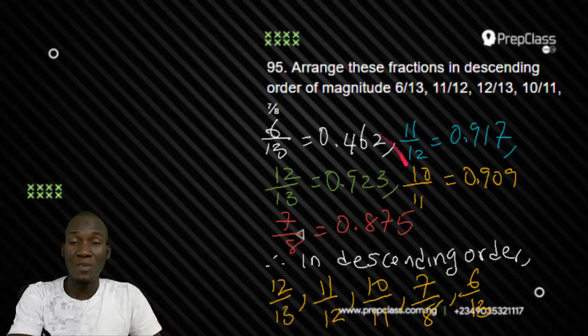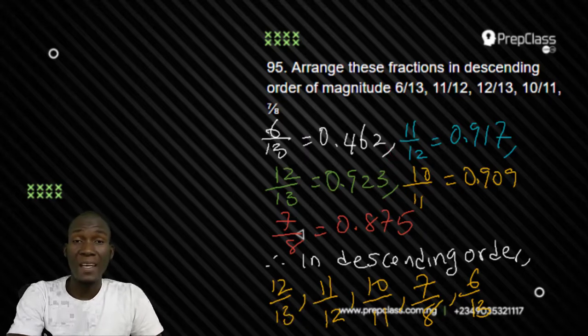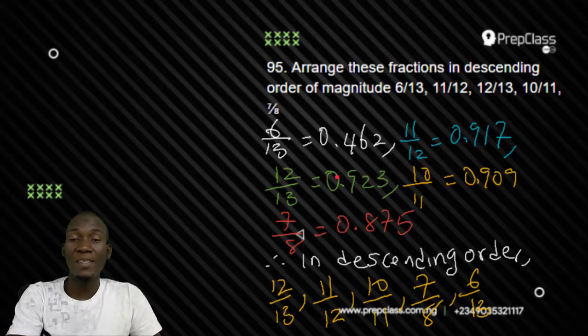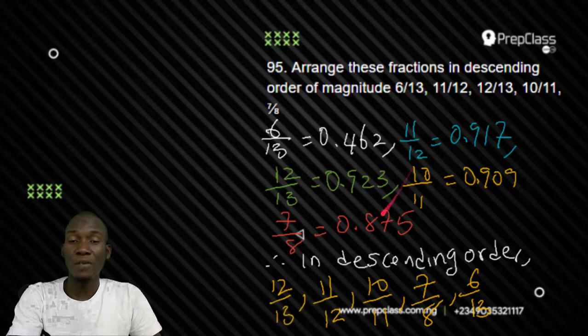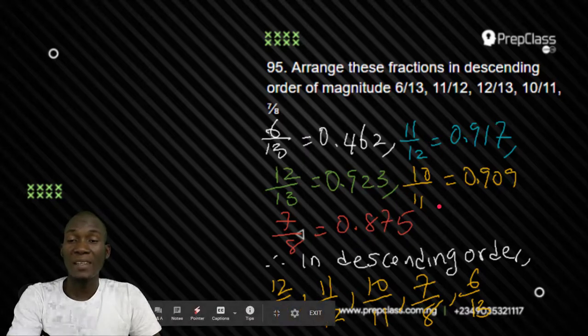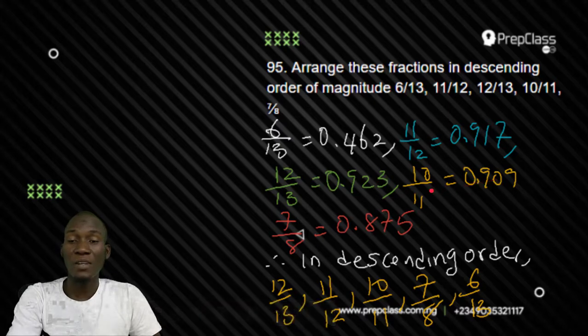Now, using the decimals, we are going to arrange these numbers from the highest to the smallest. Looking at these numbers, the highest is 0.92, because we have 0.90, 0.91. So it means the highest is 0.92. So that is 12 over 13, comma, the next highest, which is 0.91, that is 11 over 12, comma, the next highest, 0.90, which is 10 over 11.